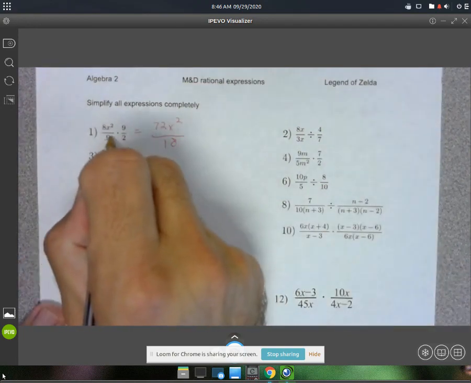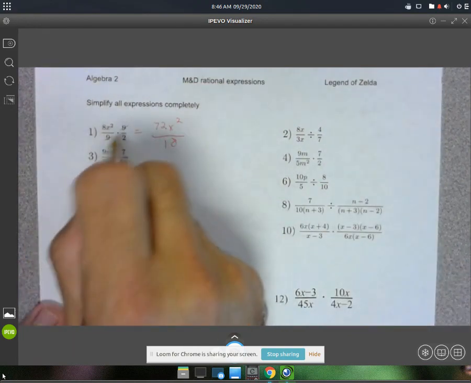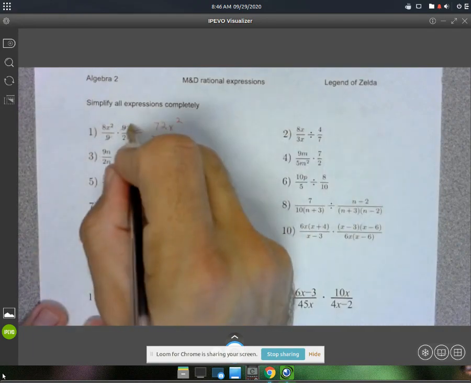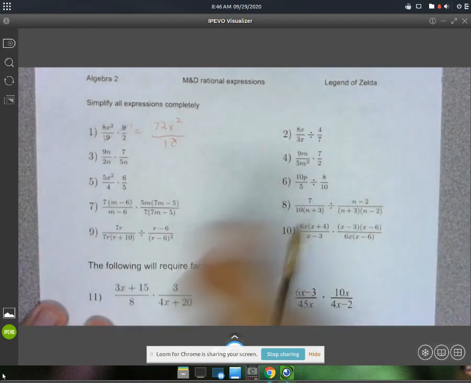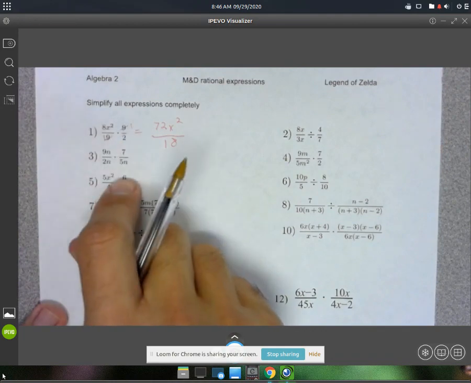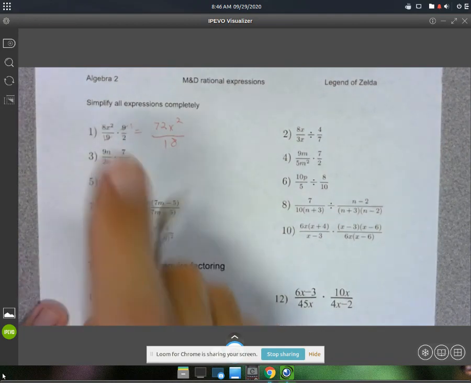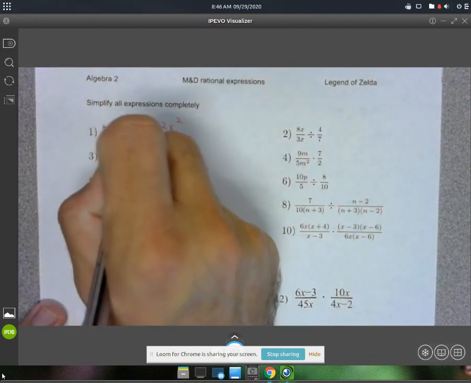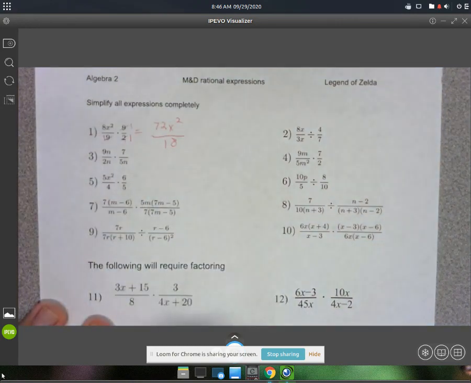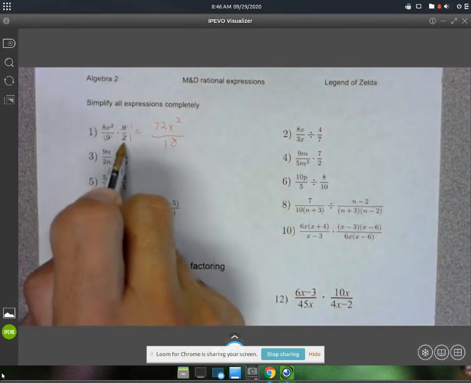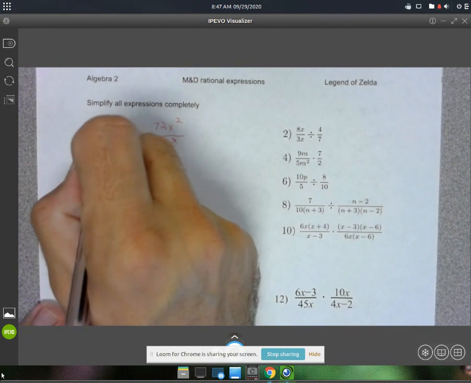So like that 9 can cancel with that 9. If you just divide them both by 9, those become 1s. And then the 2 and the 8, well, you can divide those both by 2. So the 2 becomes a 1 and it cancels. And then the 8, if you divide it by 2 like you did this one, it becomes a 4.